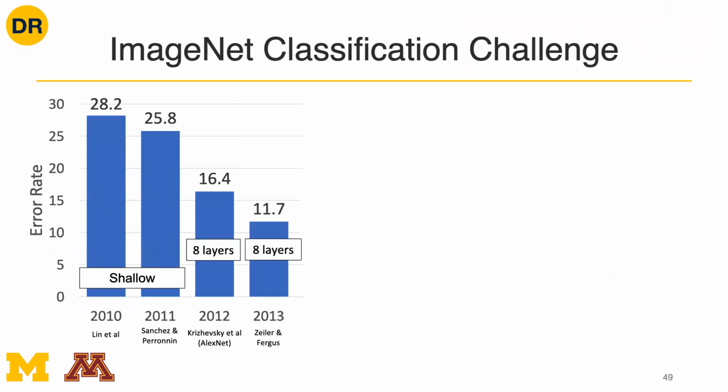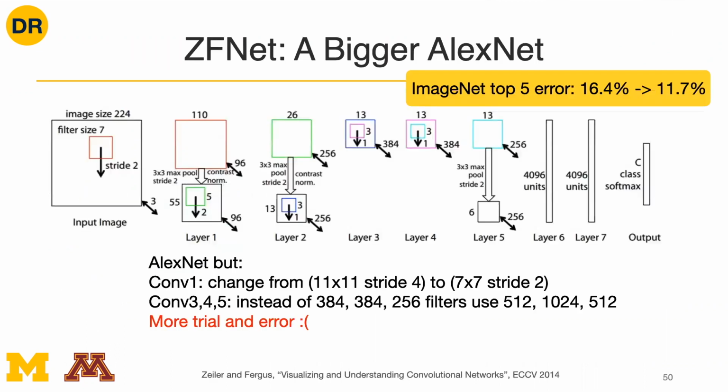Okay, so there was another network architecture proposed with the same number of layers. It had improvement over AlexNet. The only thing that they did was retain the same structure, but change the size of the filter.